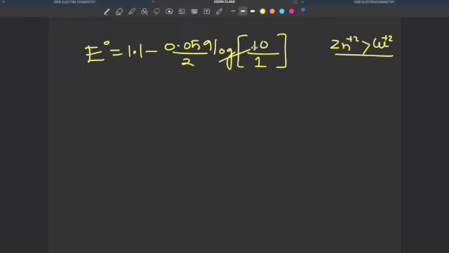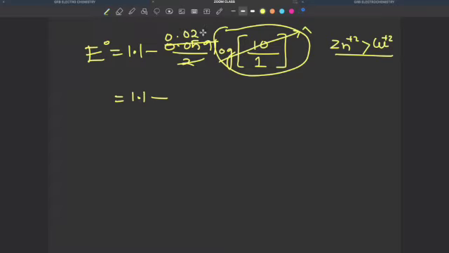So this turns out to be 1 into log 10, and log 10 is 1. This entire term is 1, so you have to subtract 0.0295 from 1.1.